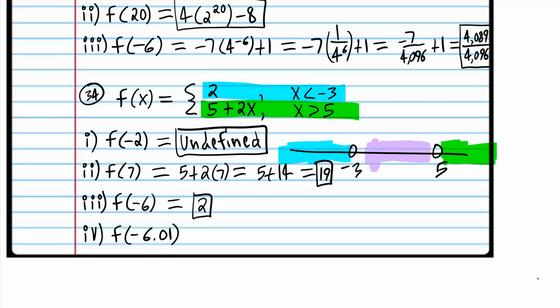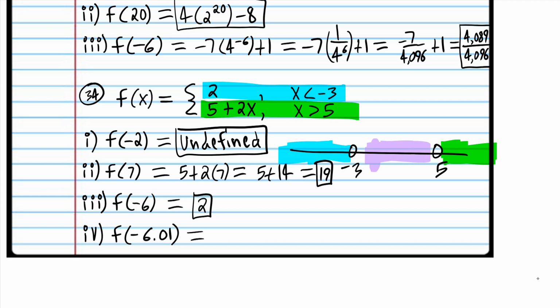It could be -3.1, -4, -5, -6, -1 billion. If your input is any number that is less than -3, the output is always going to be 2. It's just a constant number. So I know that's kind of confusing, but -6.01, same thing.